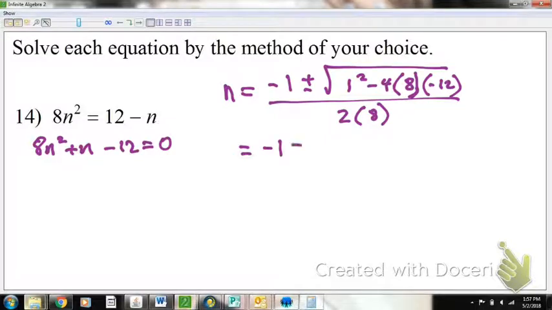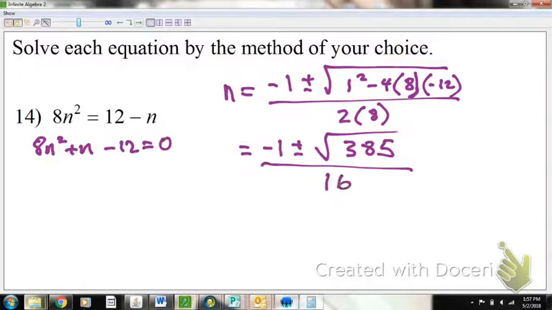So that's negative 1 plus or minus the square root of, let's see, 48 times 8 is 384. Plus 1 is 385, which is not a perfect square, and that means that that polynomial indeed was not factorable.